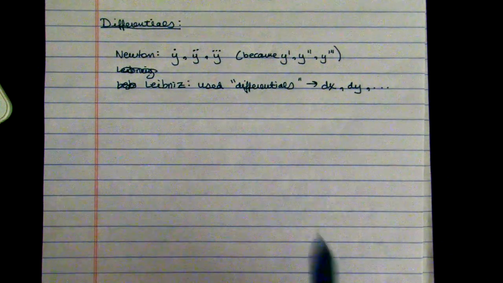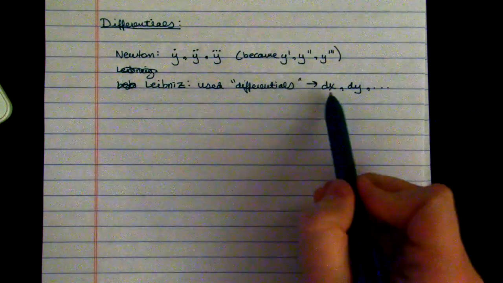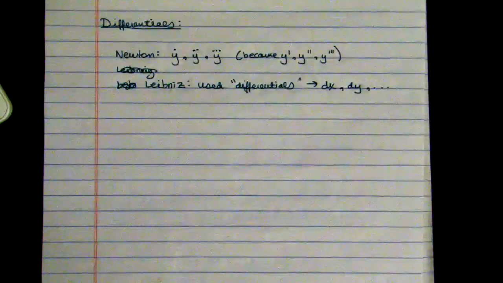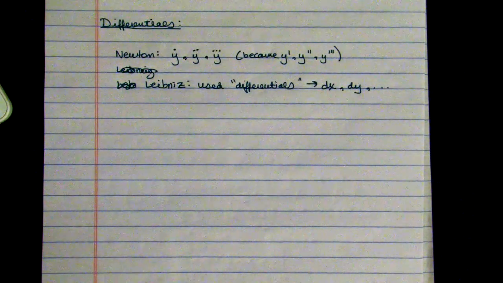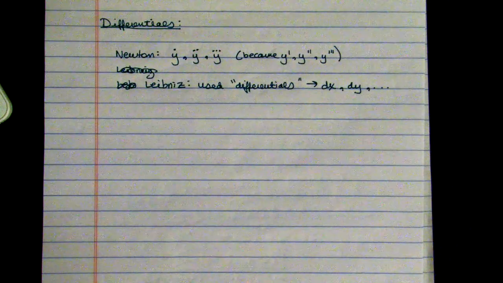While Newton was focusing on finding the rate of change, the slope, all that stuff, Leibniz focused on the change in x, the change in y, the change in z, kind of like a delta x, delta y, delta z. But the advantage to Leibniz's notation is all the variables are treated the same.